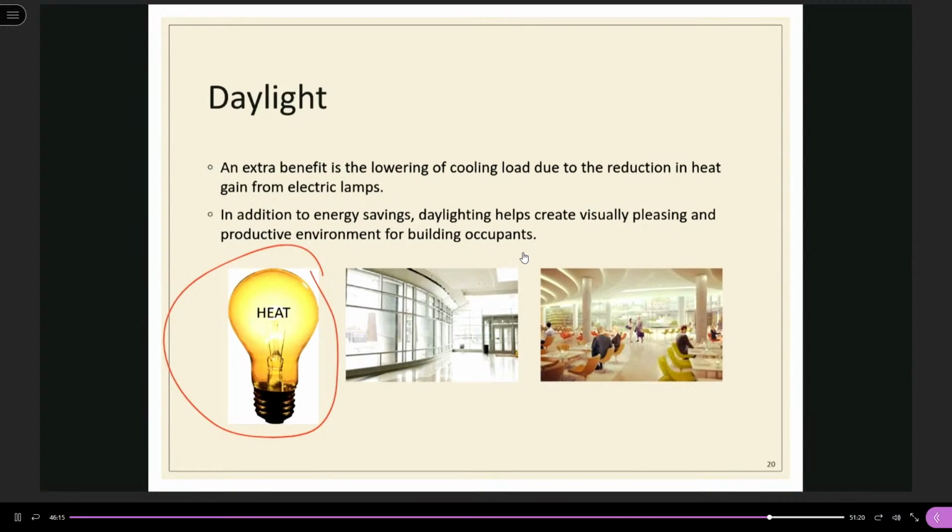The same applies to the shopping center. When a shopping center incorporates daylight, it will give a more cheerful atmosphere to the customers, so that the lighting can put them into a buying mood. They will be happier to spend money inside a shopping center with daylighting.